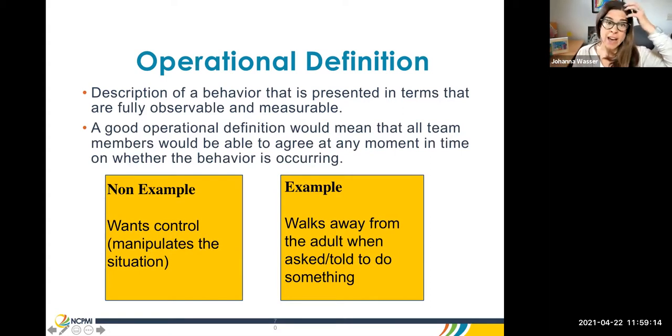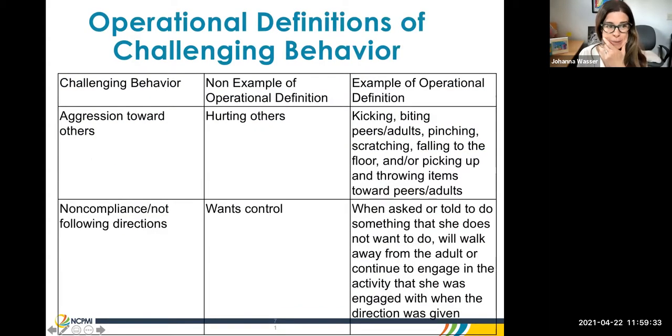The rationale behind this is because this helps us take data and make sure that we're taking data appropriately. If we don't know what the behavior looks like, you can't take data on it, not accurately at least. Okay, so here are some examples and non-examples. So "aggression towards others," "hurting others" is not descriptive enough.